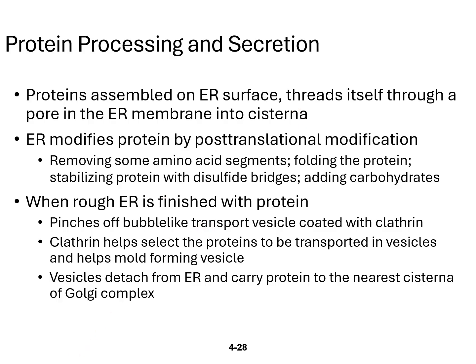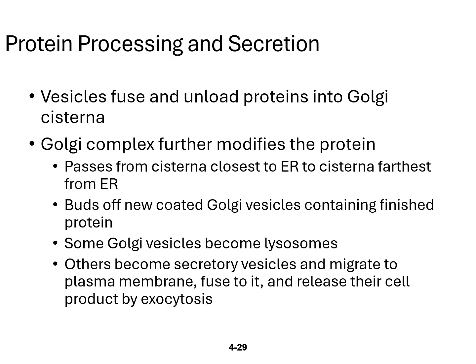Nothing's in red, so you don't need to know anything more than that proteins made in the cytosol are pretty basic, the ones made in the rough ER are more complex, and the ones that go to the Golgi apparatus are even more complex.